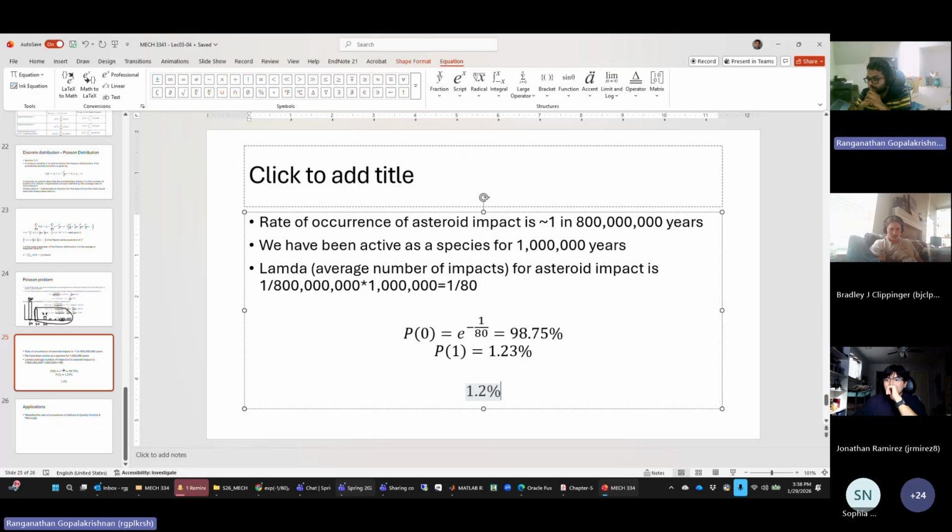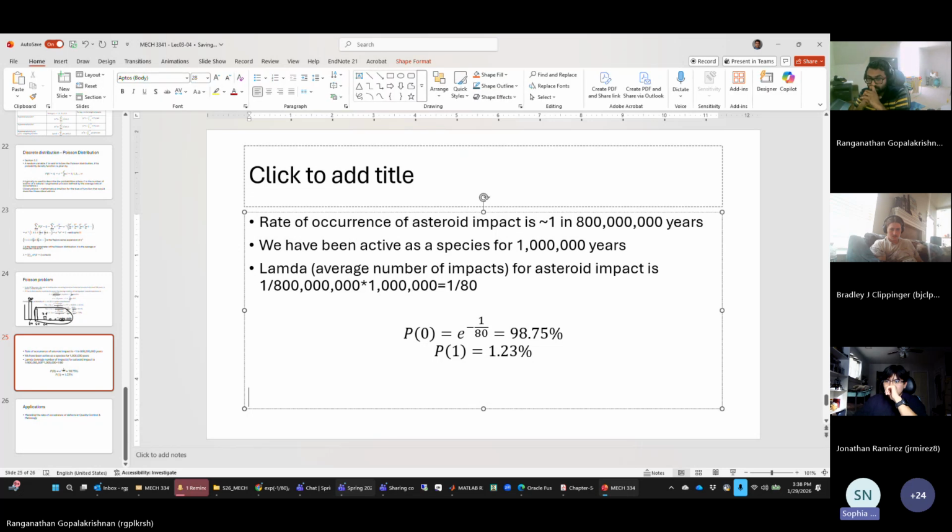If we had to use this to understand the chance of an asteroid hitting us right now, how would things change with this problem? Okay, even that I think is modeled as a Poisson distribution. It's like asking, let's say you start counting time, and out of those 1 million years, a certain fraction of years has already happened.